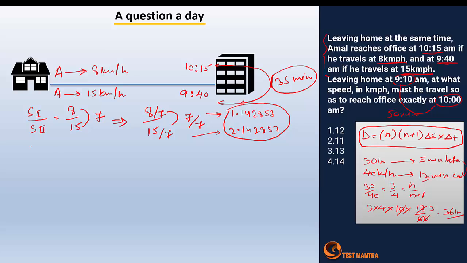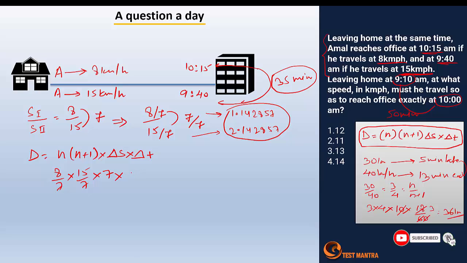So I'll apply the formula. My distance here is supposed to be nothing but n into n plus 1 into difference between the speeds and the difference between the times taken. Now here the figures are 8 by 7, 15 by 7, the difference between the speeds is nothing but 7, and the difference between the times taken is nothing but 35 minutes, so 35 by 60.